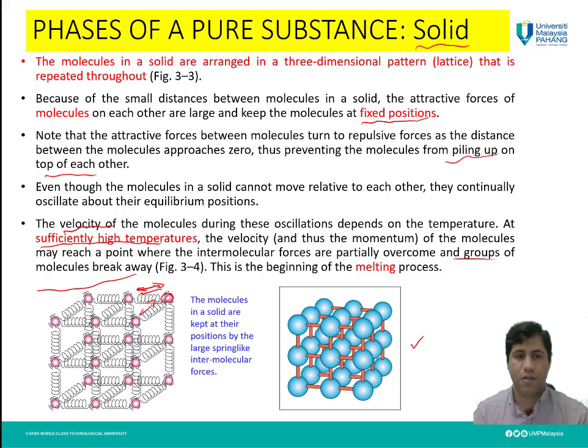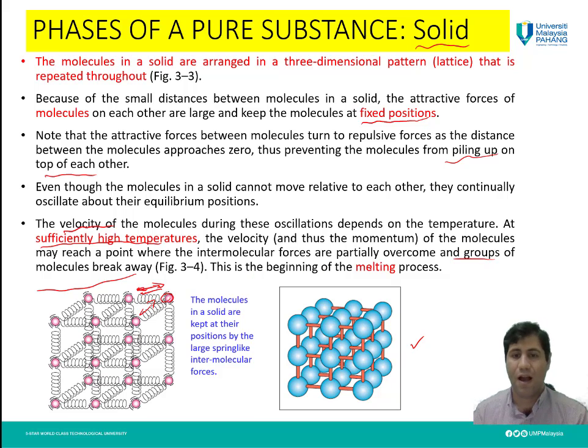In other words, because of the thermal energy, this motion will be at a higher velocity, and some of the molecules can break these high molecular forces and break this structure.